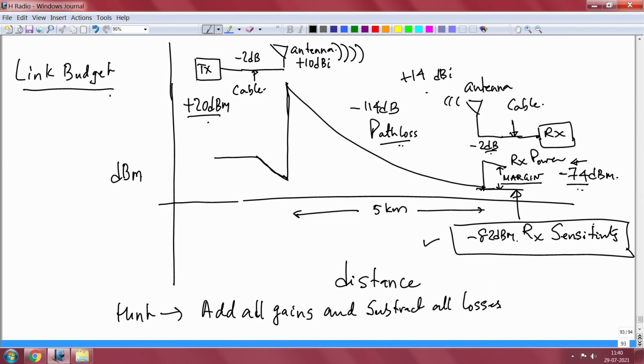When you have a good margin, you will definitely receive the signal. You should typically have a margin of about 10 dB. If you have about 10 dB margin, then it will take care of any fading that happens in the wireless link, and it will still be able to receive the signal successfully. So, keep 10 dB as the receive margin, so that successful reception of the packet actually happens.